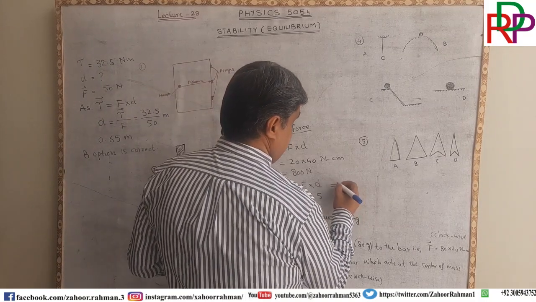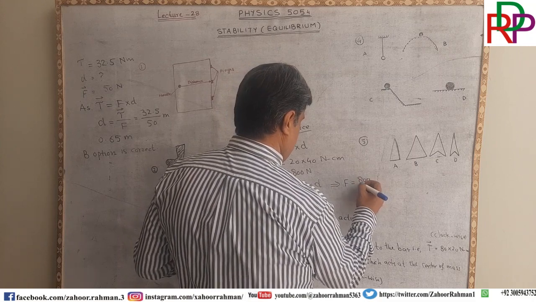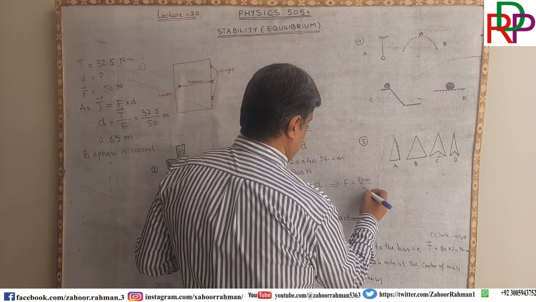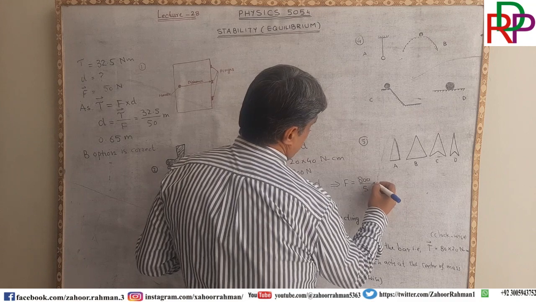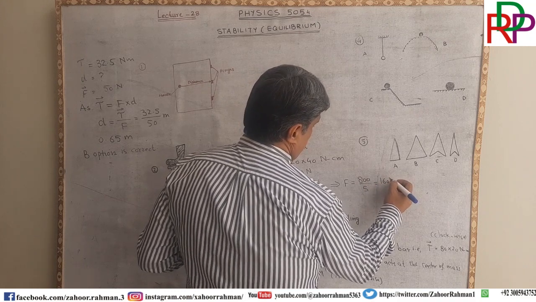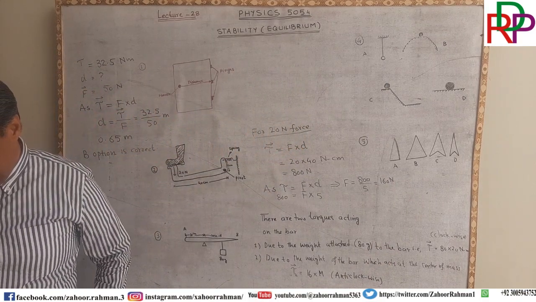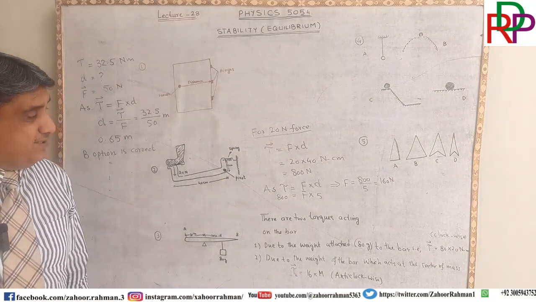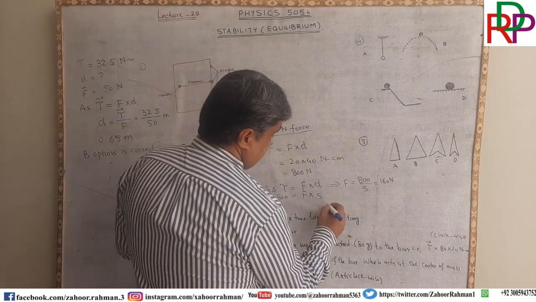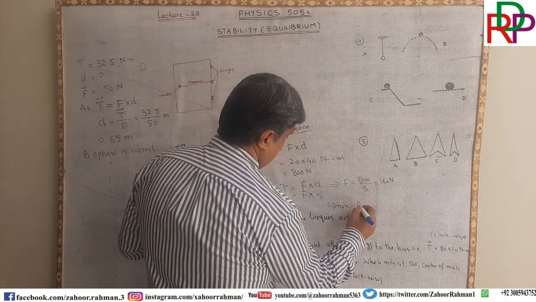So this implies that F is equal to 800 divided by 5. So 160 Newton is the answer of this, and that is the option D. So in this case, option D is the correct one.